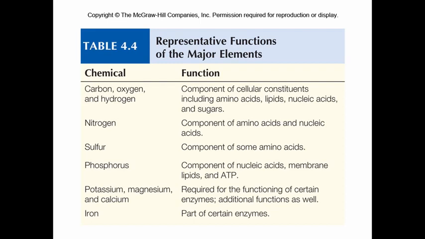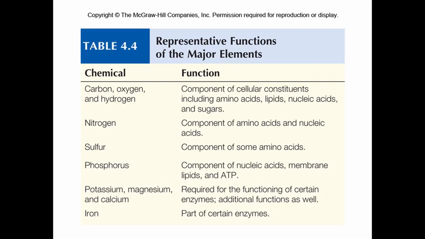You're not memorizing the table, okay? I'm putting this up here to help you see all of the ways in which these particular elements are necessary. So carbon, oxygen, and hydrogen are basically making up, quote, organic compounds, okay? You need these in all kinds of cellular components. Nitrogen is needed in large amounts to make up amino acids.